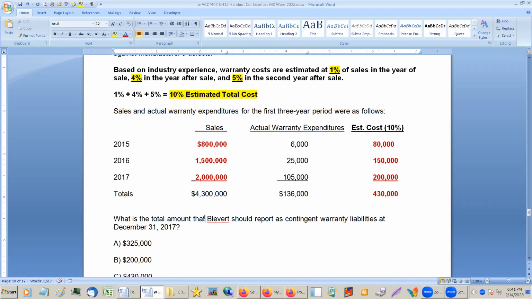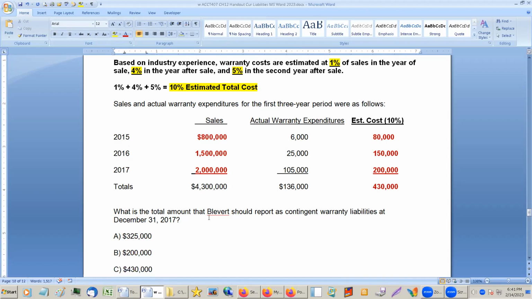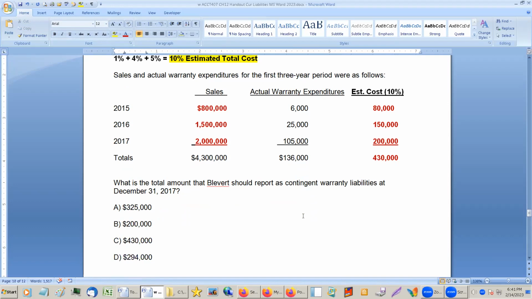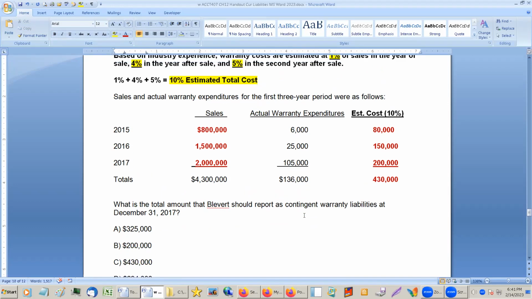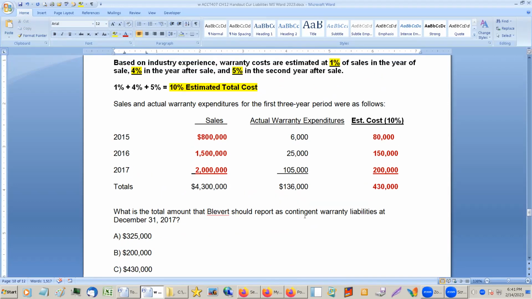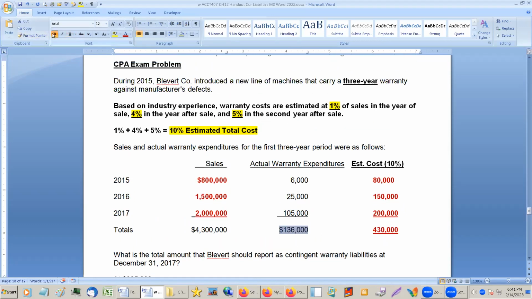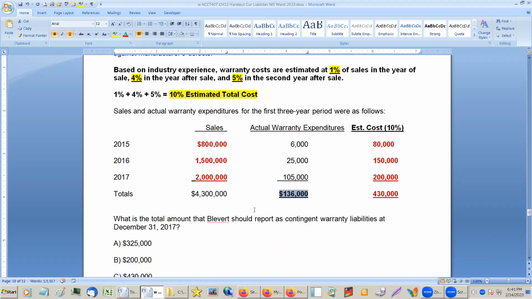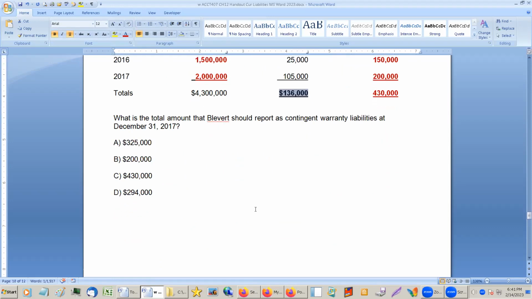Okay, so what is the total amount of the contingent liability as of December 31st? So this is how much the total estimated cost was. This is how much they've actually paid out so far. So what would be the contingent warranty liability?